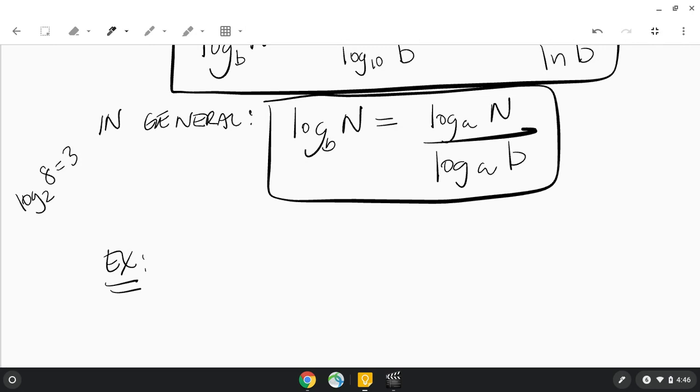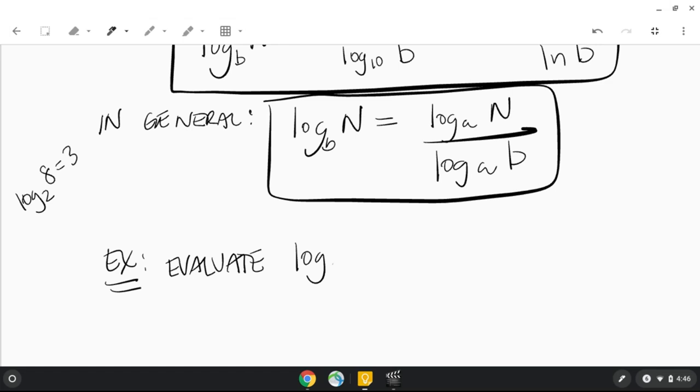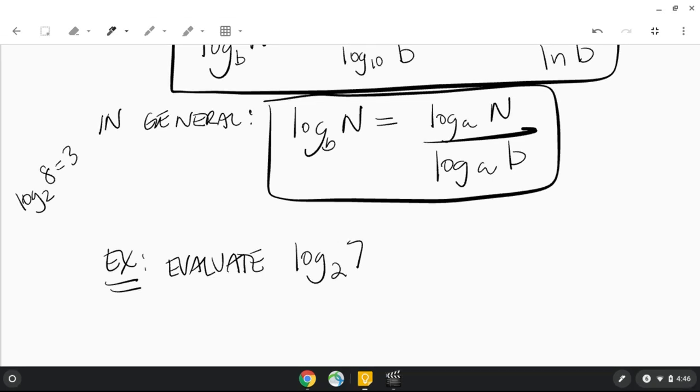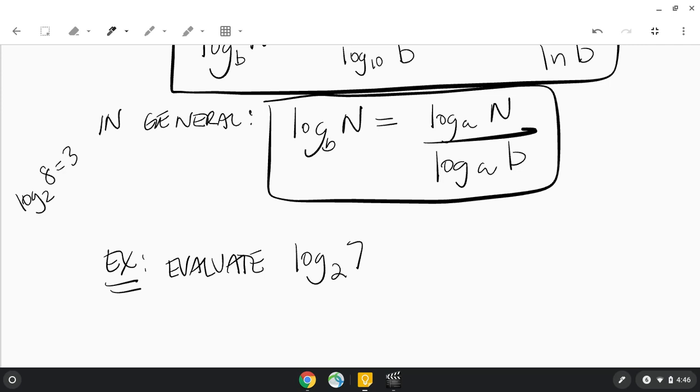It's more like, what if you have to evaluate log base 2 of 7? Well, here, we're trying to figure out 2 to what power is 7. If we do 2 to the third power, that's 8, so that's too big. If I do 2 to the second power, that's 4, that's too small. So we know the answer is going to have to be somewhere between 2 and 3, okay?